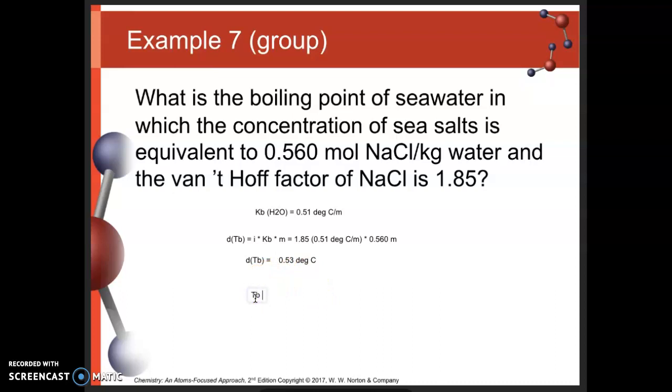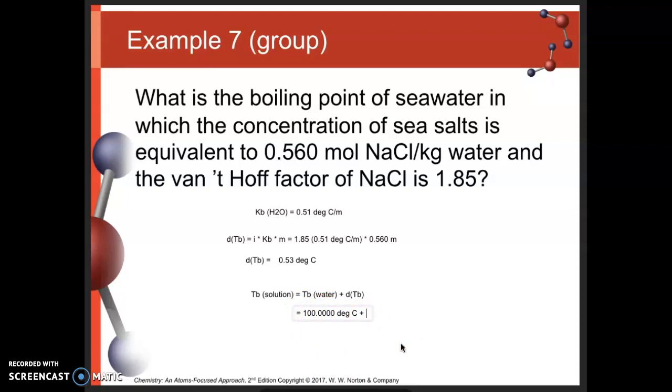The boiling point of the solution is going to be equal to the boiling point of the pure solvent, water, plus the change in boiling point. The normal boiling point of water is 100 degrees Celsius, and that's an exact value, so there are infinite sig figs there.